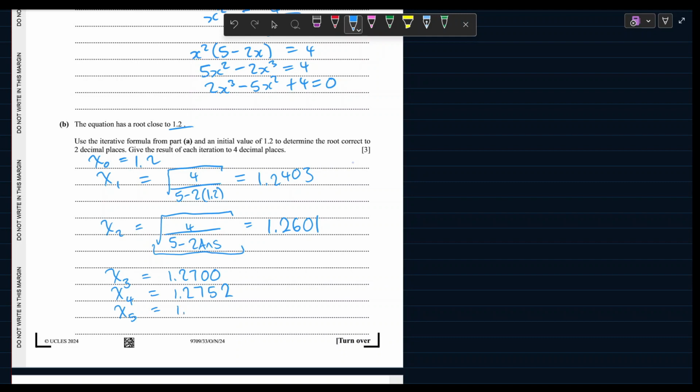That's 1.2778. We have arrived. This is approximately 1.28, and this is also 1.28. So our root has converged. So you can say that therefore the root is 1.28, and that is our final answer.